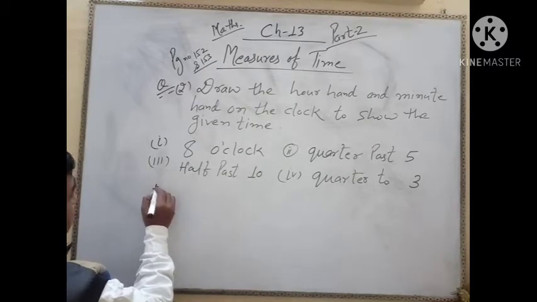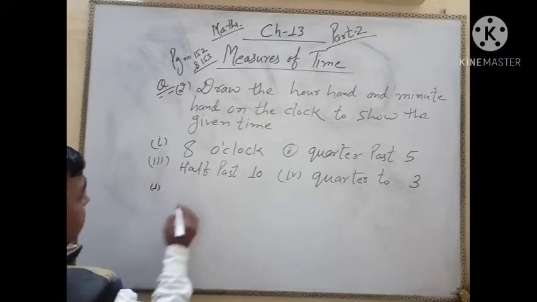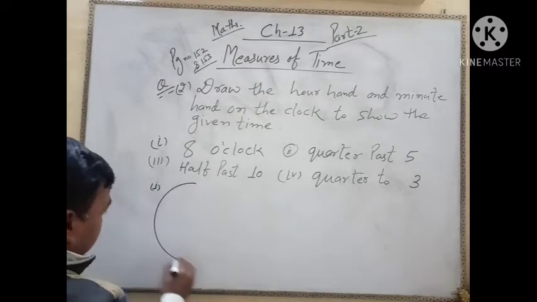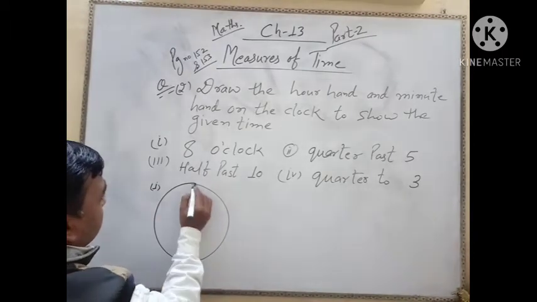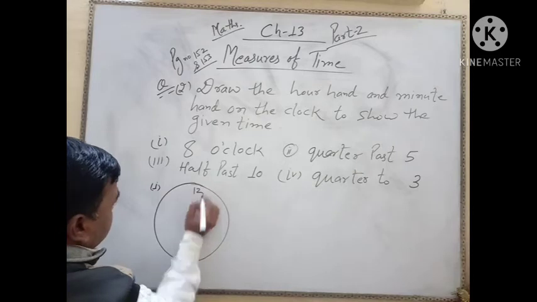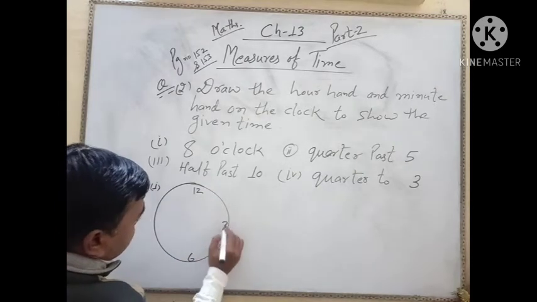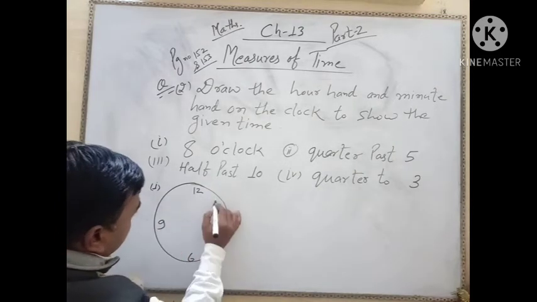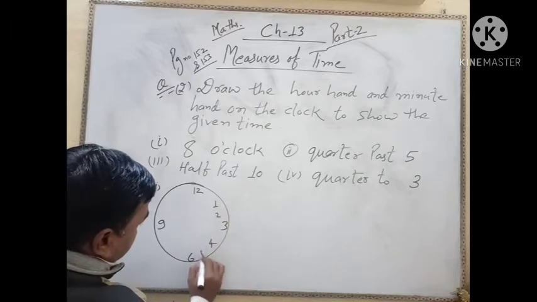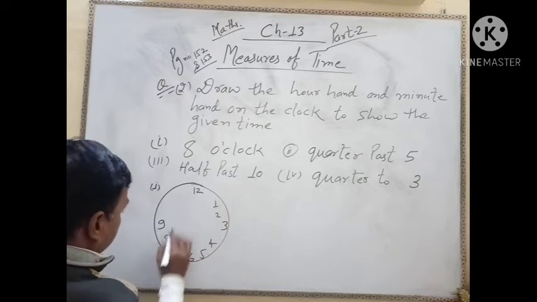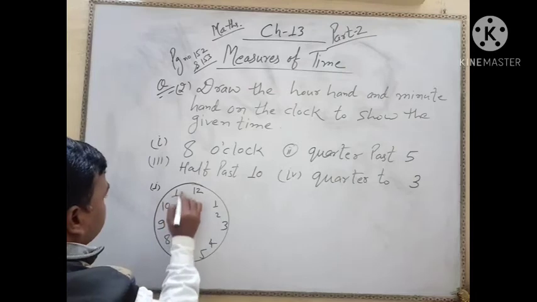4 clocks for question number 1. 12, 6, 3, 9, 1, 2, 4, 5, 7, 8, 11.